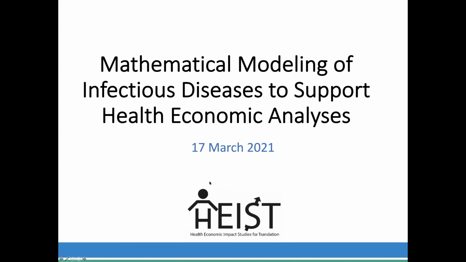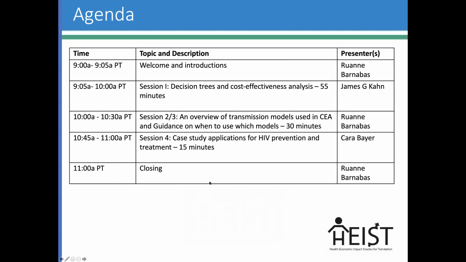I'm just going to go over the agenda for today. Welcome, Jim. Welcome, everybody. Carol and Cara are also here representing HEIST today. After Jim's introductory session on decision trees and cost effectiveness analysis, I will give an overview of transmission models used in cost effectiveness analysis and guidance on when to use which models.